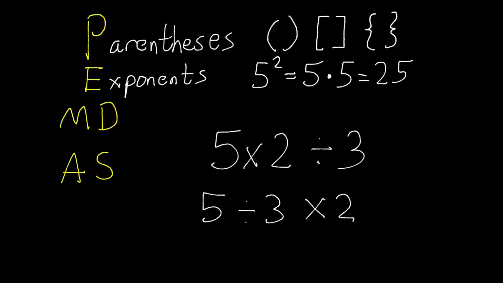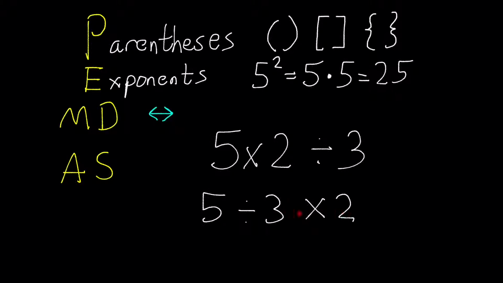You might think, well, multiplication comes first, which it does here, and it does in this letter, but it's really multiplication or division from left to right. As you're reading through the problem, you do whichever comes first. Here, we see multiplication first, so we multiply first, and then we divide.